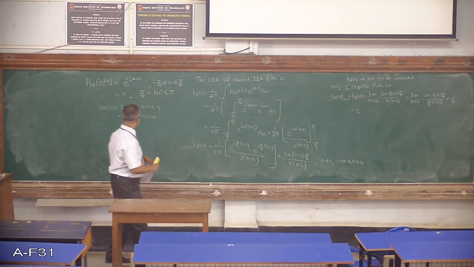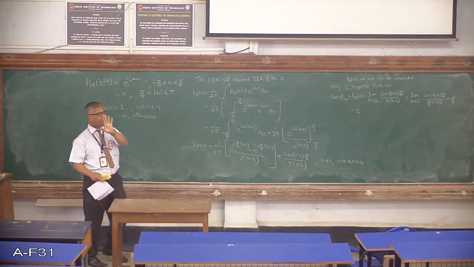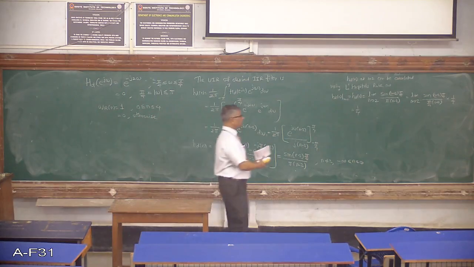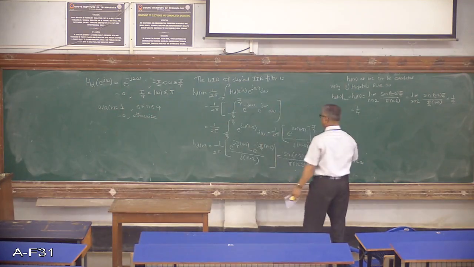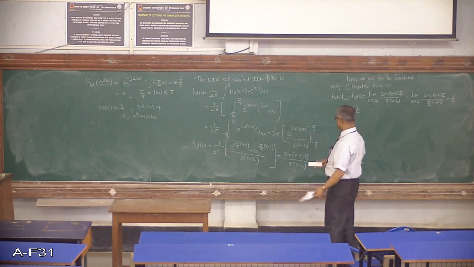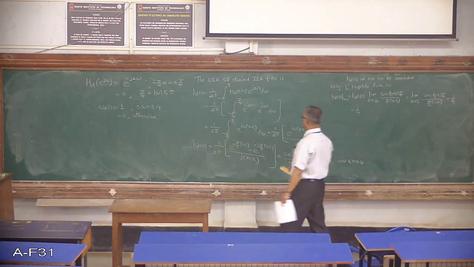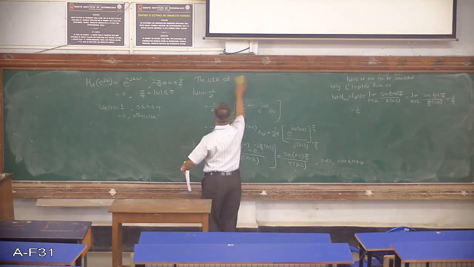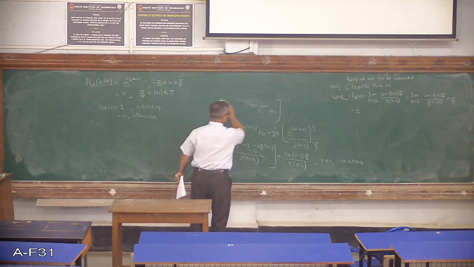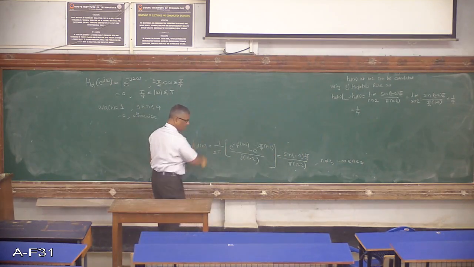Now let us find the value of hd of n at n equal to 1, 2, 3, 4, because we need 5 filter coefficients. That we can do even later, along with the computation of h of n. If this is done, let us proceed with the next step. Next, what you have to write is the unit impulse response of the FIR digital filter.